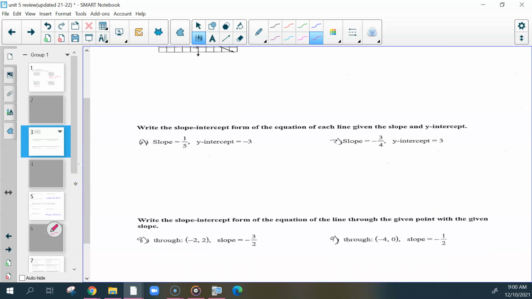So this would start the second objective, the writing equations when given slope and y-intercept, slope and a point, 2 points. For number 6, if I'm given my slope and given my y-intercept, how would I write that equation? Y equals 1/5 x minus 3.